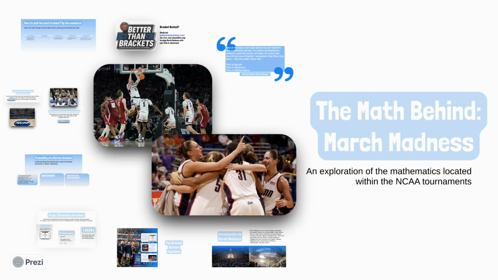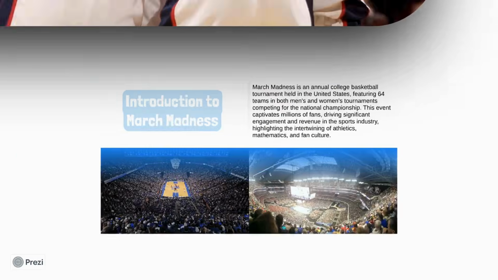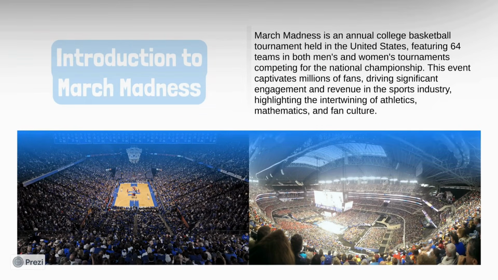Today, we will look at the math behind March Madness, the annual college basketball tournament in the United States. March Madness is an annual basketball tournament held by the NCAA, featuring 64 teams competing for a national championship in both men's and women's tournaments.